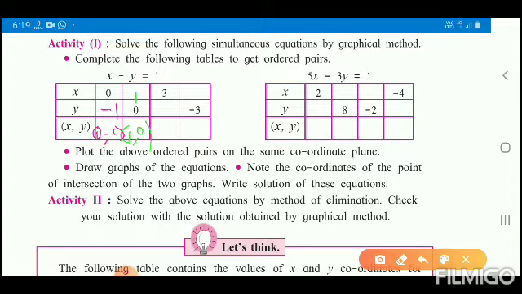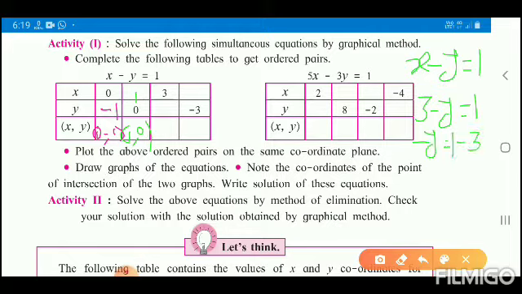Now if x is 3, then what is the value of y? How am I solving this example? Just see, x minus y is equal to 1. Here in the place of x we will take 3. So 3 minus y is equal to 1. Then negative y is equal to 1 minus 3, so negative y is equal to negative 2.